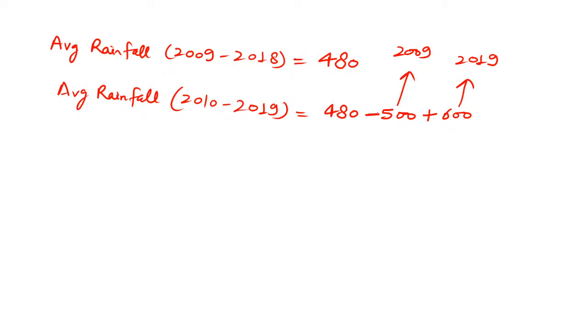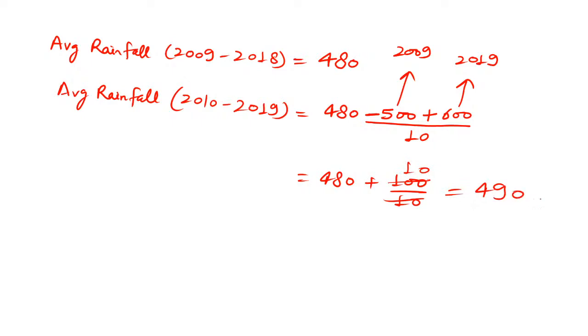By the way, this is an average of 10 years, right? So we'll divide these things by 10. So ultimately, you can say 480 plus 100 by 10, that is simply 10. So the average changes by 10. It becomes 490. And yes, it is the LPA in year 2019. I hope it is clear.